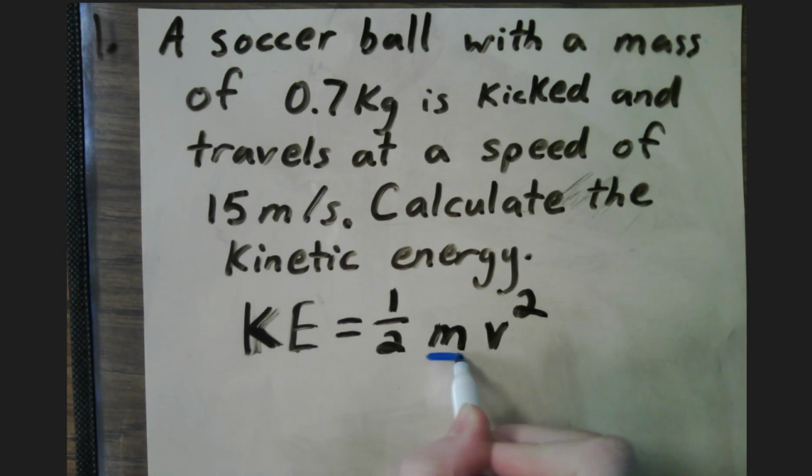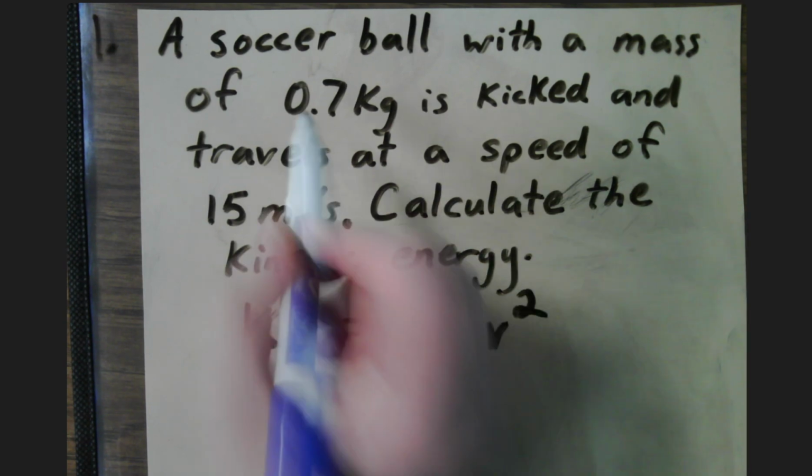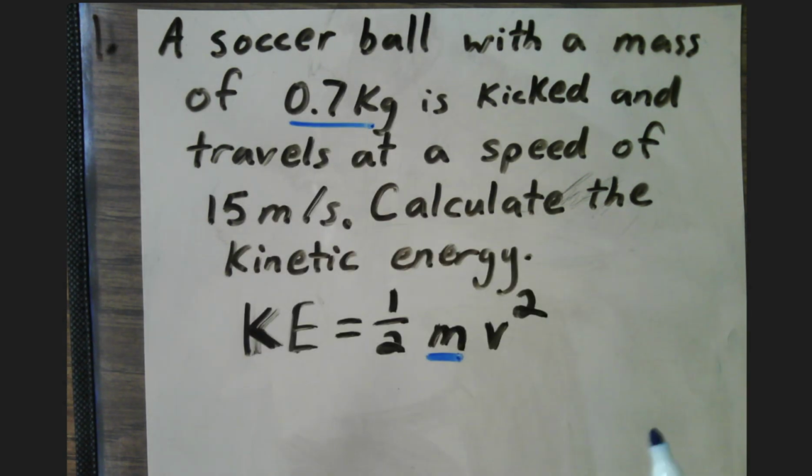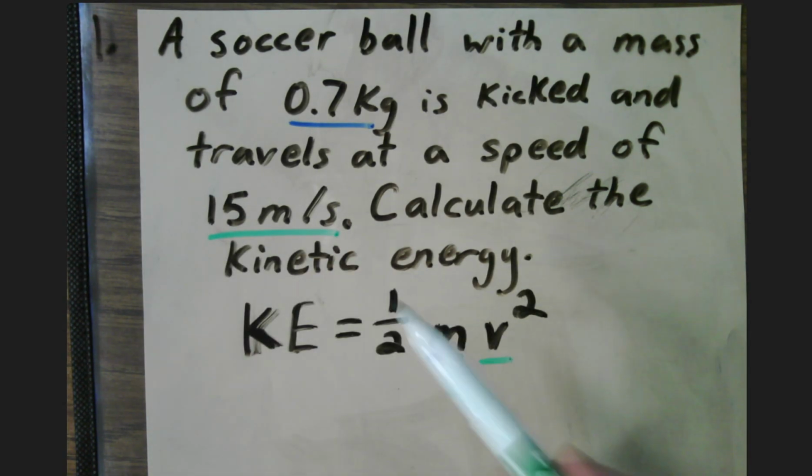Okay, so our mass in our problem, units for mass is kilograms. So here is our mass. Our velocity, I'm going to label with green. Velocity units are meters per second. So there's our velocity and we have our mass.